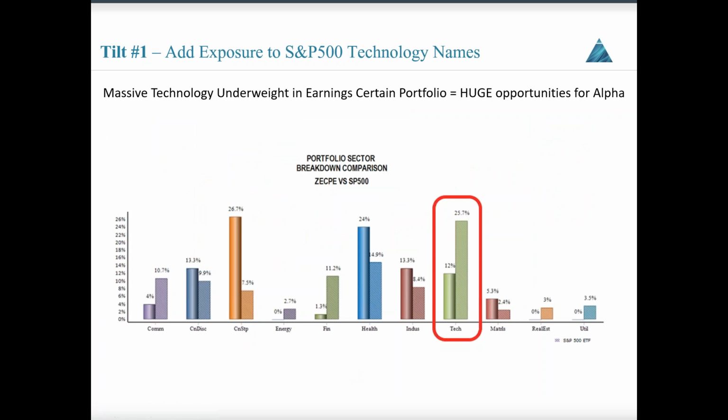So the idea is, if we look at this sector comparison of the Earnings Certain portfolio versus the S&P 500, this is something that can be easily done with your own core equity portfolios. We utilize the Zacks Portfolio Monitor, which is a facility inside ZRS that does this for portfolio reporting.